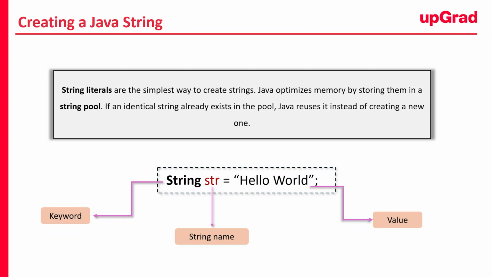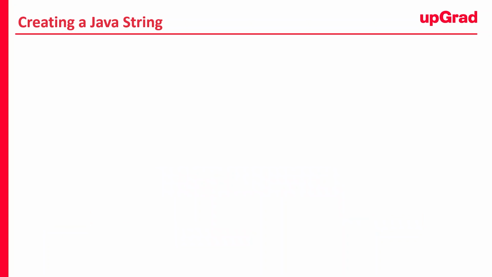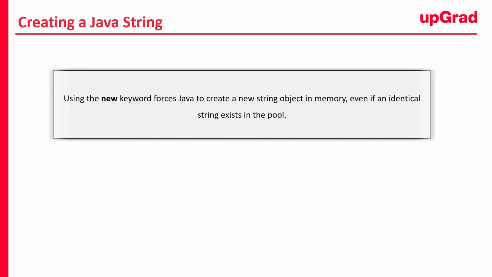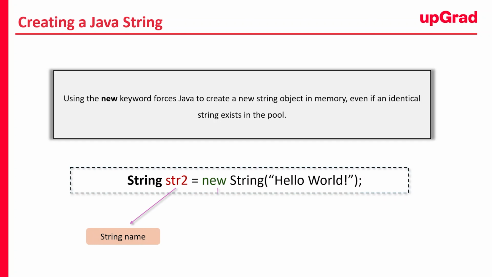Another method to create a Java string is the new keyword. With the new keyword, we are telling Java to explicitly create a new string object in memory, even if hello world already exists in the string pool. Java won't reuse anything. It will create a fresh copy of that string using extra memory. So even though str2 and str1 have the same content, they are two different objects in memory. String str2 equals new String hello world, as we can see on the screen.